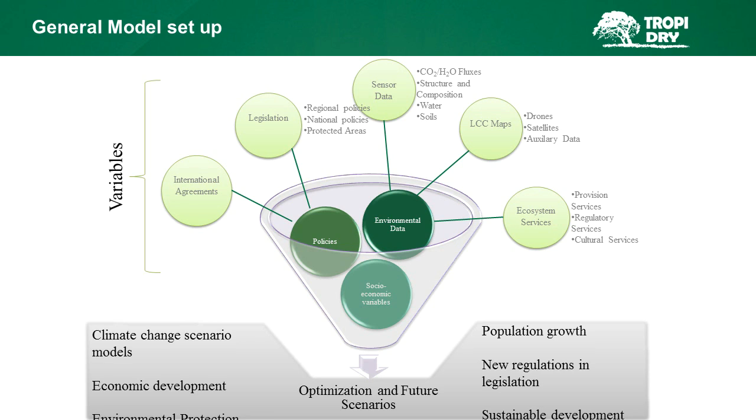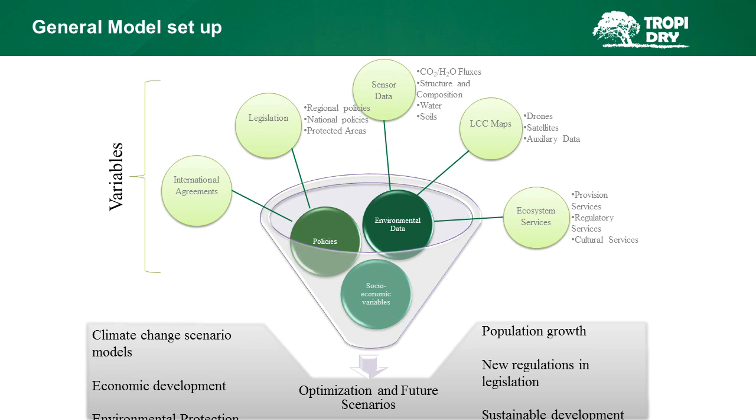If you are not interested in what future policies may hold, then you may not be interested in integrating that information at all. The gray box at the bottom has a number of different optimization or future scenarios, different purposes that your model may be used for. Population growth models, new regulation, or sustainable development are all very human-based and human systems oriented models. These would require more socioeconomic variables and policy information.